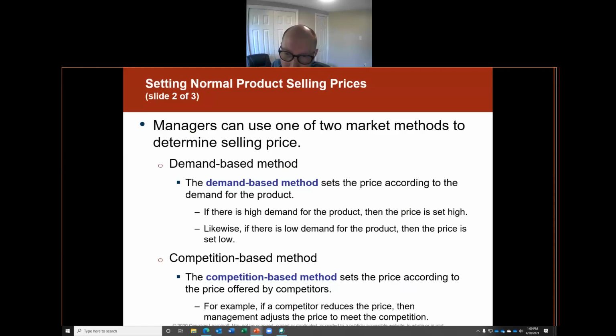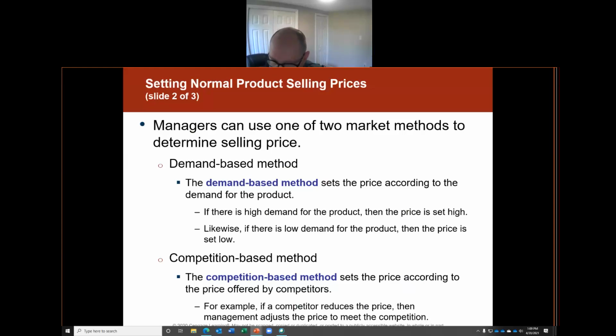The demand-based method is the sales price is set based off of the demand for that product. If demand is high, I set my price high. If demand is low, I set my price low. Think of a new iPhone, the newest one, whatever the newest one is.